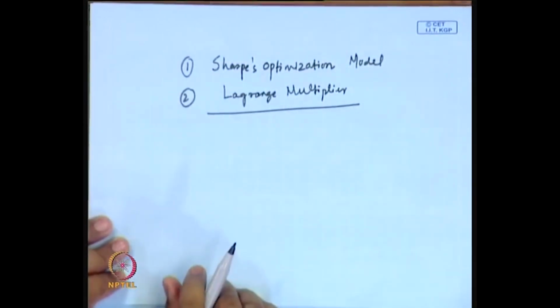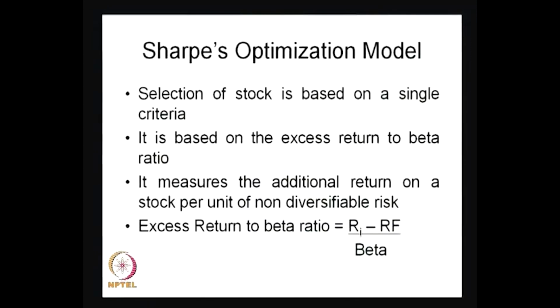So, there are two methods discussed by these other theories which give an idea of how a portfolio can be constructed.